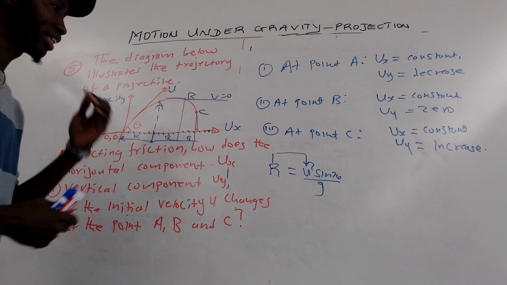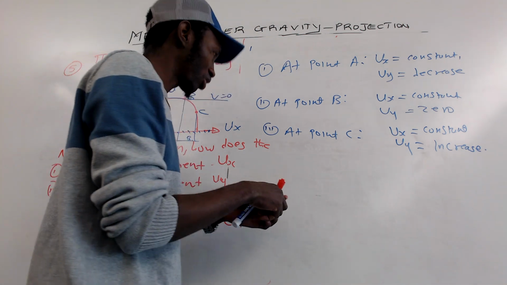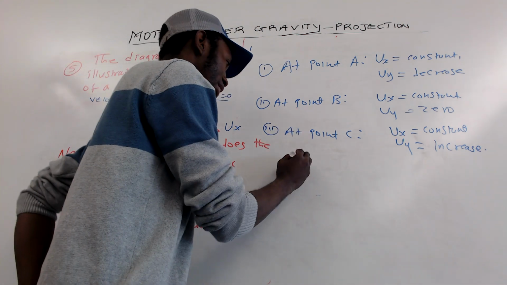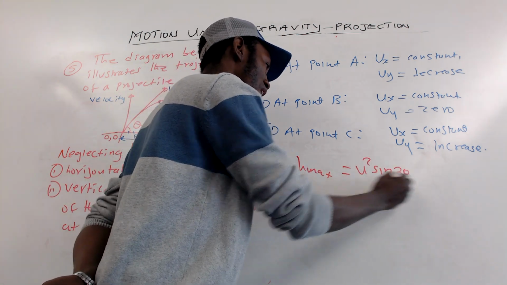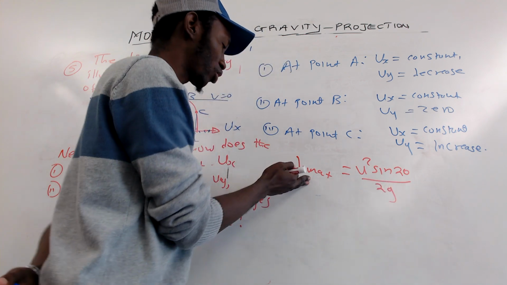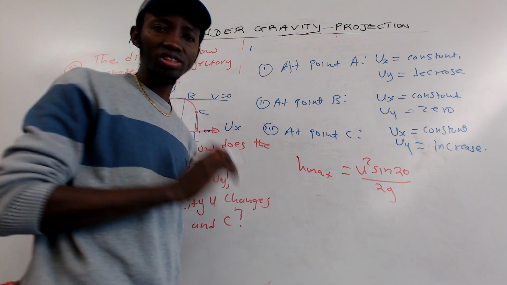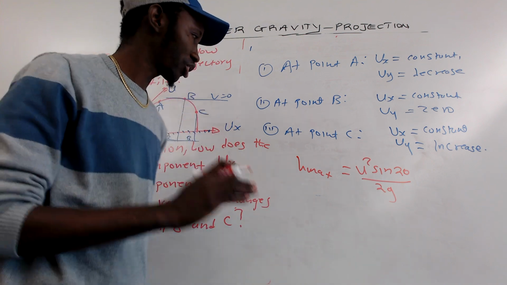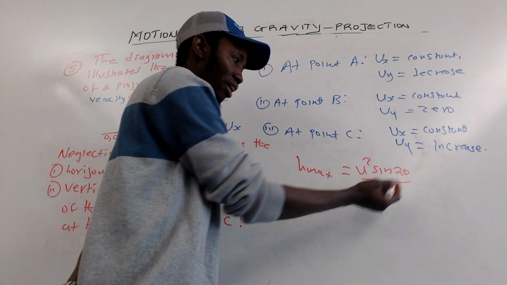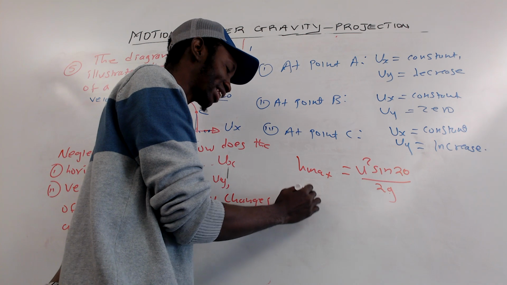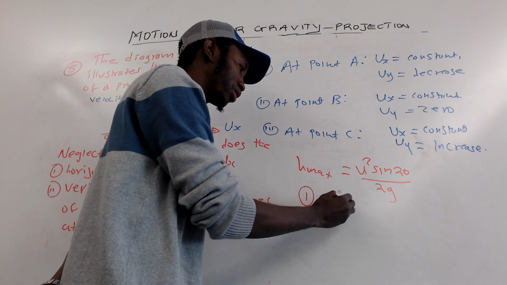And the other point we can also consider is the maximum height, u squared sine squared theta over 2g. What are the factors that influence the maximum height? In physics, you have to consider the relationship given. In the expression, we have u squared, theta, and we also have g. The factors that affect the maximum height: you have to consider the speed of projection.